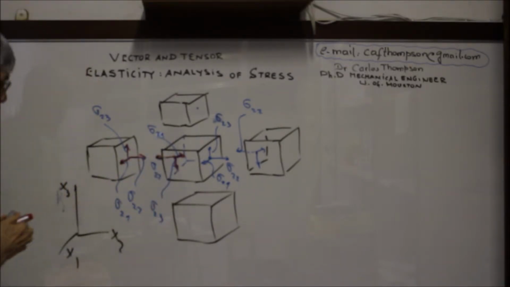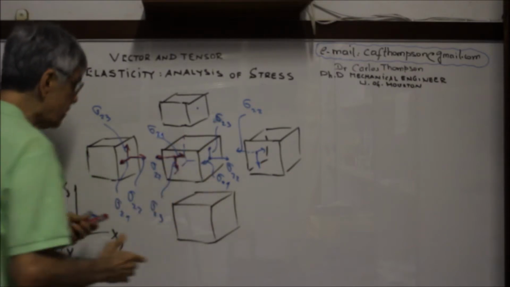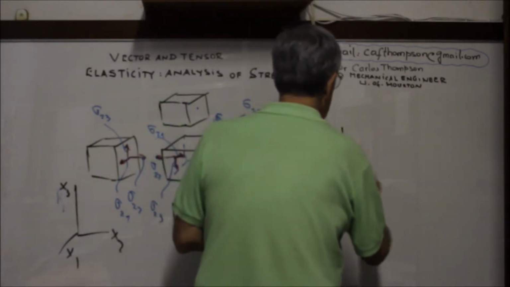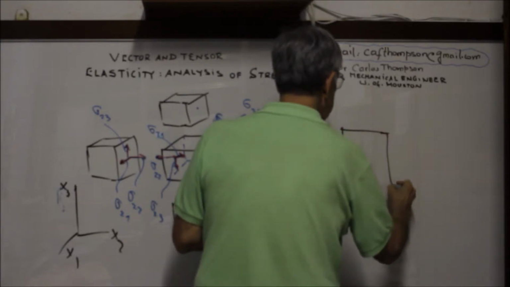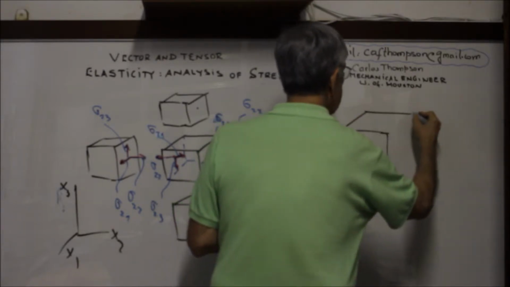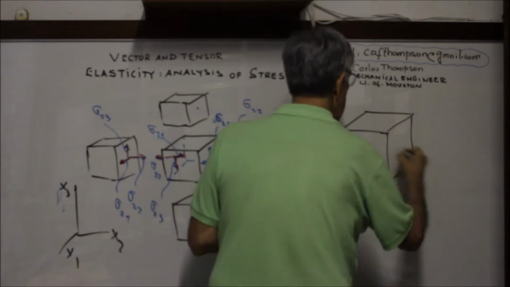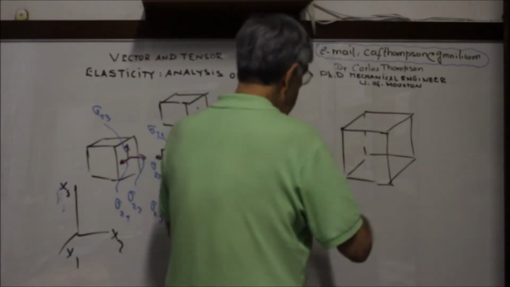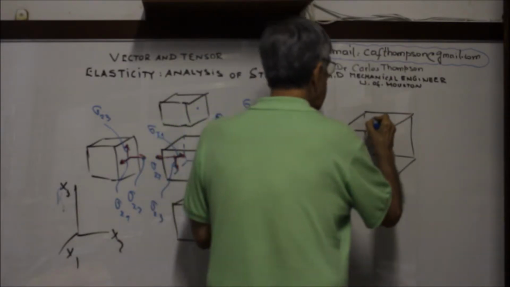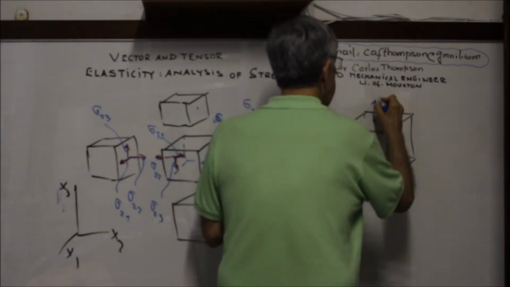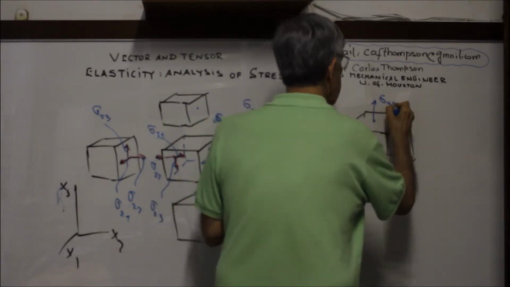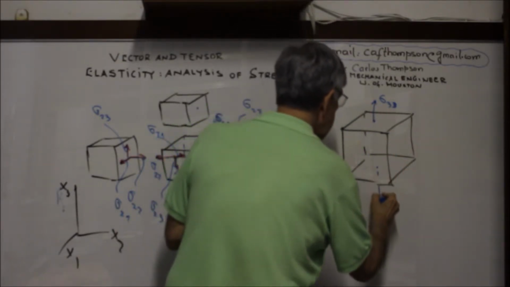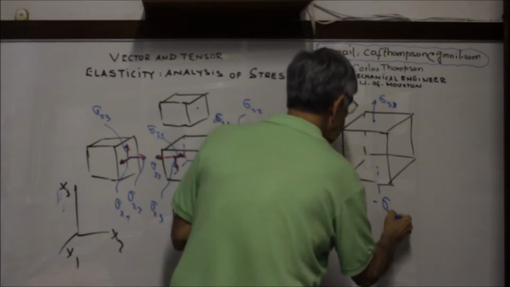So, when we analyze an element, now, we analyze this element. Now, you know now that on the sixth surface, if you have sigma 3,3 here, on the surface here, you have minus sigma 3,3.